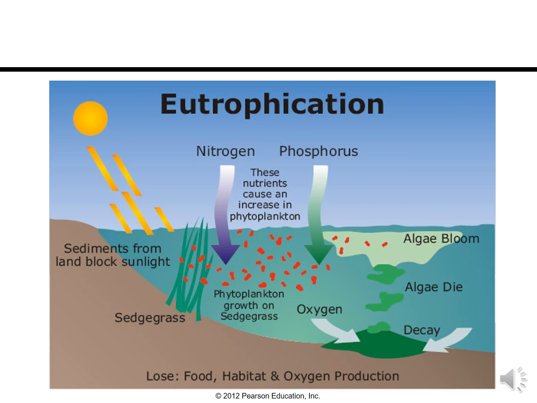This is called exponential growth of algae or algal blooming, and it can cause the top part of the water column to be covered with algae, and the sunlight cannot penetrate through the water body and reach the bottom. That is going to create anoxic conditions towards the bottom of the water body.